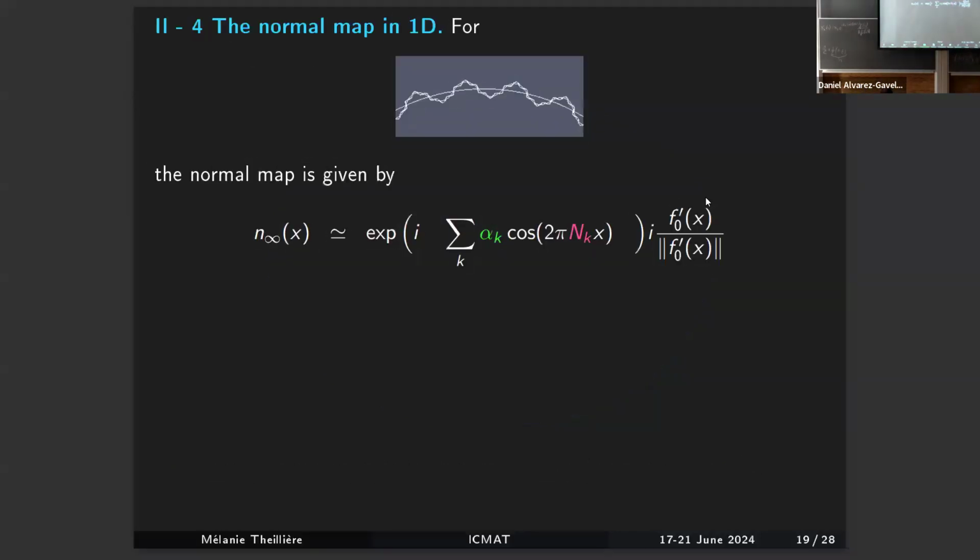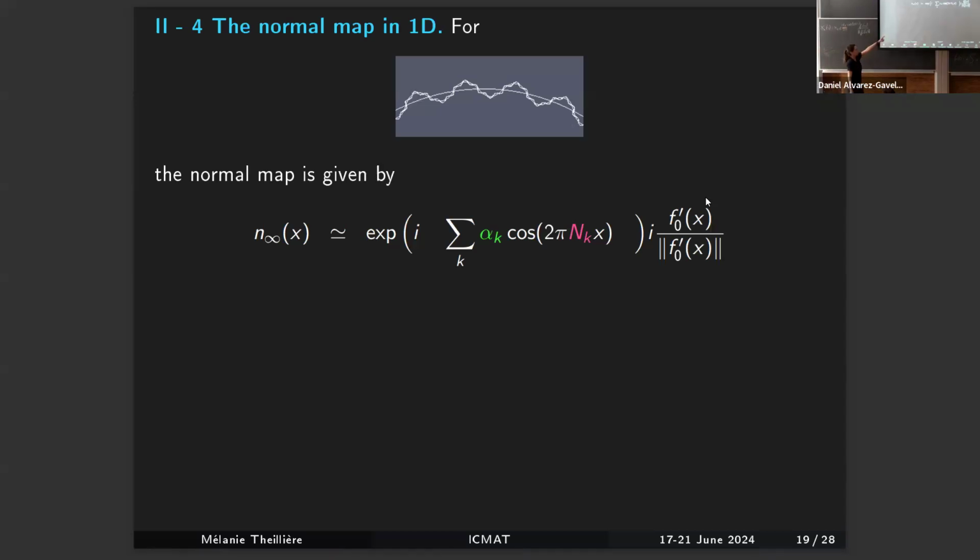For that, we will look at the normal map. So let's go back to the case of the curve and check the behavior of the normal map in 1 dimension. The normal map is given by that. It is the exponential of i times a sum, and in this sum, the alpha k is the angle of the arc of circle we choose at each step.